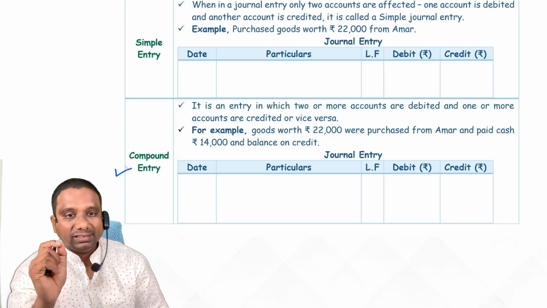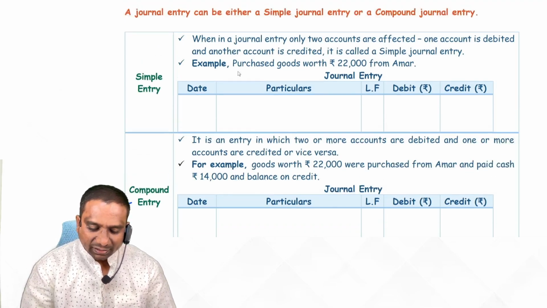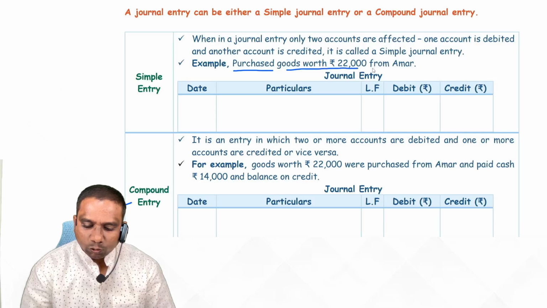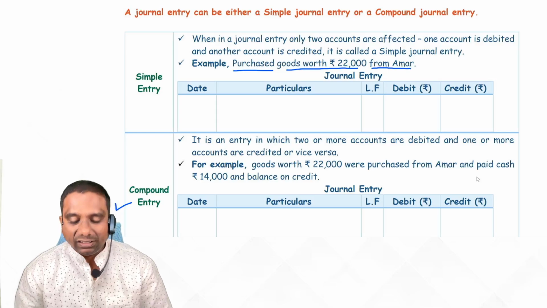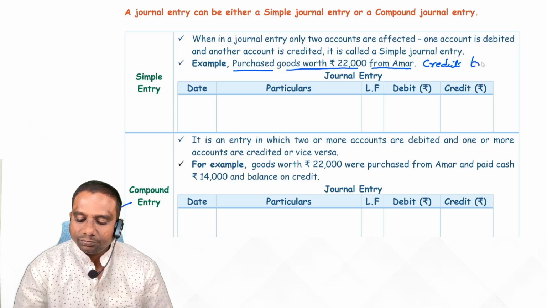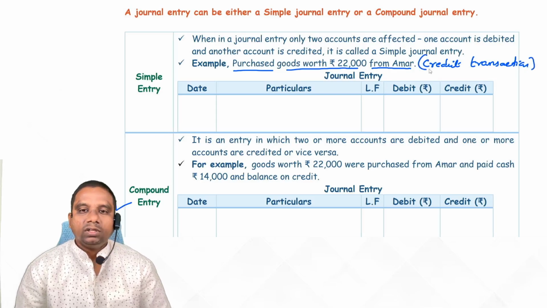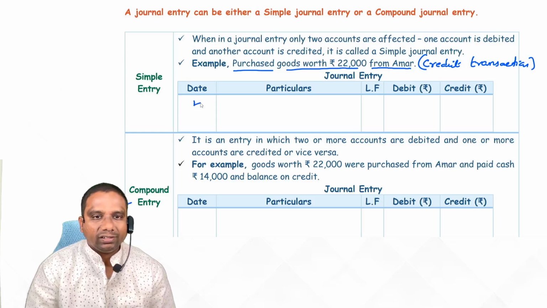Let me take one example. First, look at a simple entry. Example: purchased goods worth 22,000 from Amar. Tell me, is it a cash transaction or a credit transaction? It is a credit transaction. So what is the entry we record here? In the date column, we write the date.